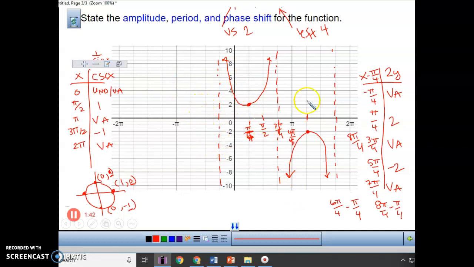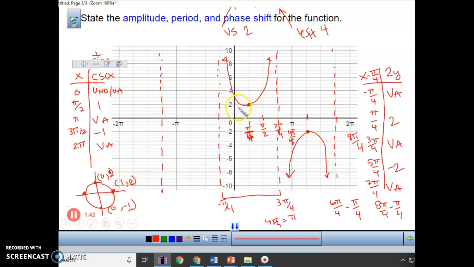It said to do 2 periods worth. This is only 1 period's worth. So you'll notice that to go from negative pi over 4 to 3 pi over 4 is 4 pi over 4 units, and 4 pi over 4 units is the same thing as pi. So my next one will be at negative pi over 4 minus pi units, which is going to be at negative 5 pi over 4.